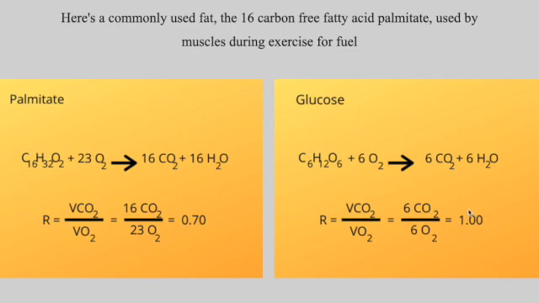By having this information, researchers can determine that carbohydrates are used to a greater extent than fats for sprinting and high power activities, while the use of fat is preferred for distance athletes. But as you see here, with the 16 CO2 and 23 O2, that's where these numbers come from, and that completely changes when your source of energy is glucose.